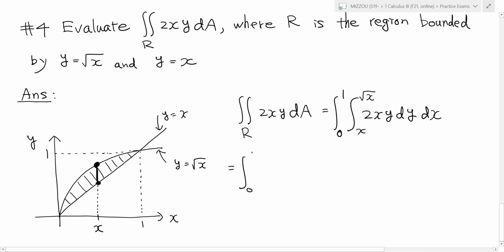And then what you do is just calculate this. If you look at the inner integral and integrate with y, you get xy squared. You evaluate this from y is equal to x to y is equal to root x, dx.